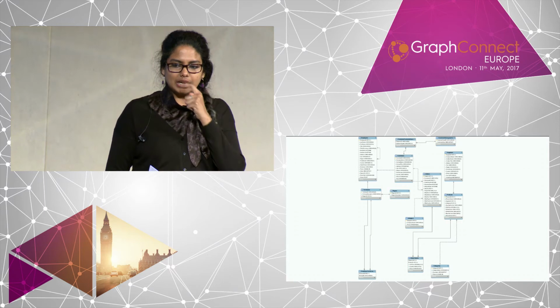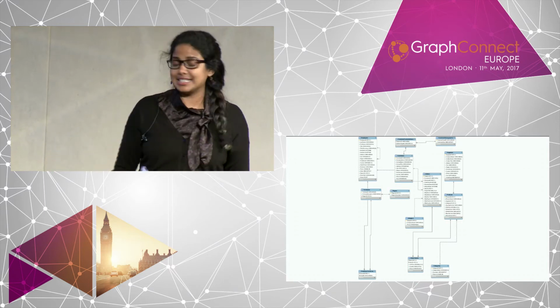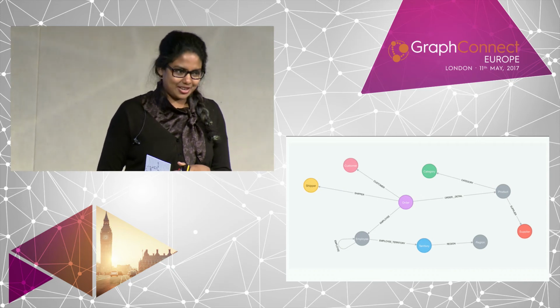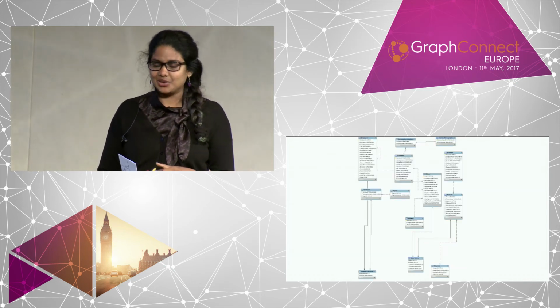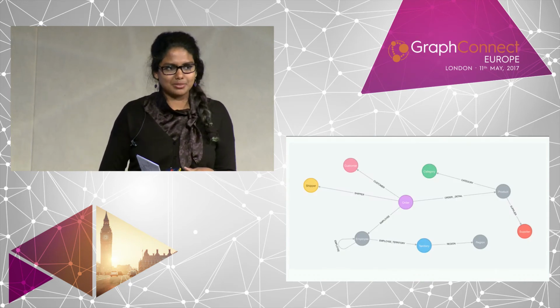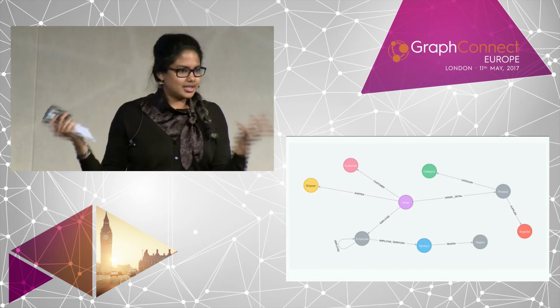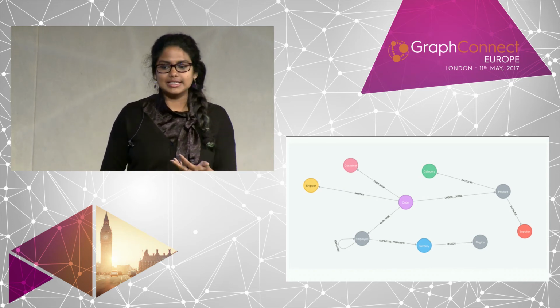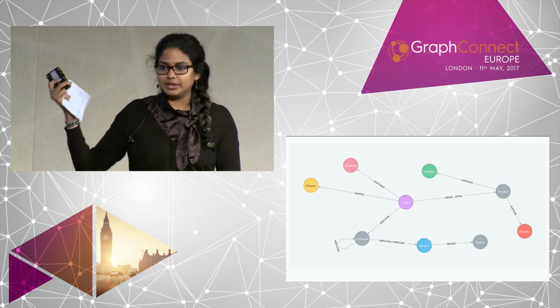What I'm going to do is use the infamous Northwind database that comes shipped with every RDBMS out there. This is the ER diagram that I generated using MySQL Workbench, just the ER diagram of the Northwind database. I want to convert this into the Neo4j schema.